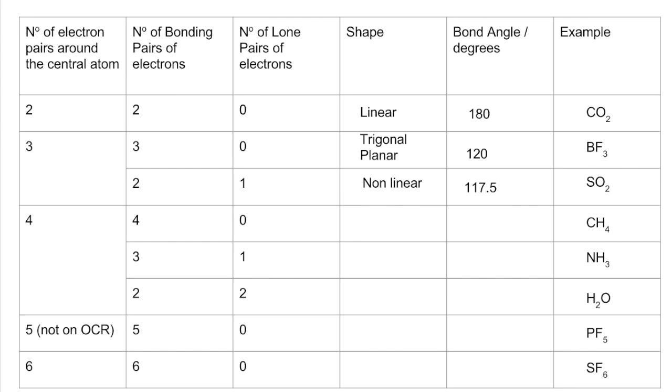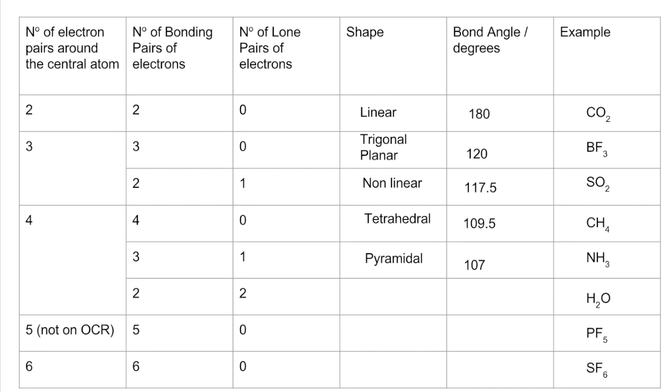So we'll look at all the 4s now. 4 electron pairs, all bonding pairs and no lone pairs. Tetrahedral shape, 109.5 degree bond angle. Example methane. 3 and 1, we get a pyramidal shape and our starting angle is still 109.5, but we're going to take 2.5 off that from the extra repulsion from the lone pair, so we come down to 107.